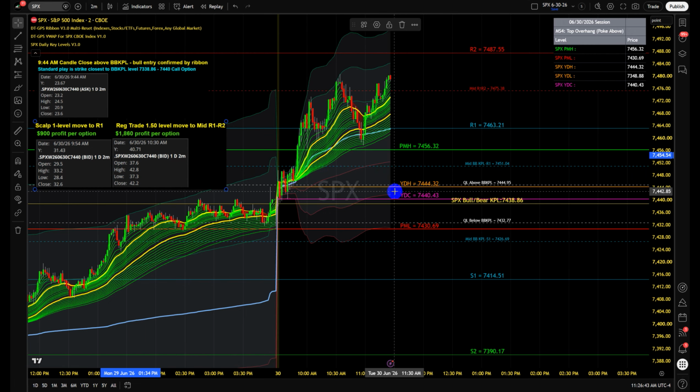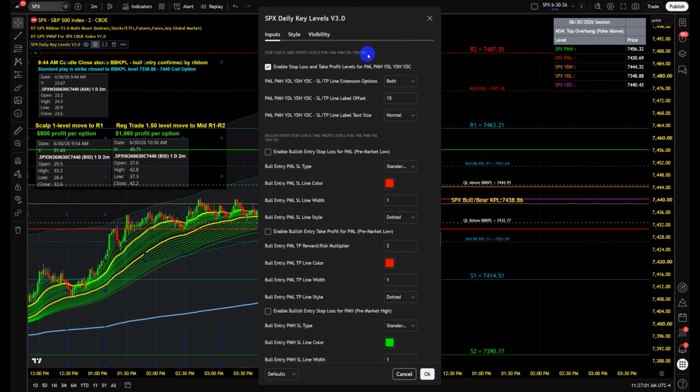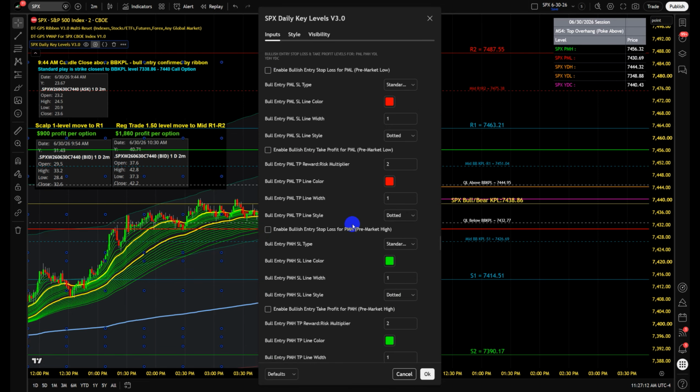Now, if you're taking a trade off of one of the 5 contextual levels, then you simply go into the user control panel, go down to the trading section, stop loss and take profit levels for the contextual levels. If you're taking a bullish entry, you look for the contextual level that you want to take the trade off of.